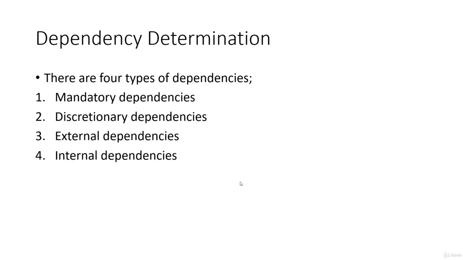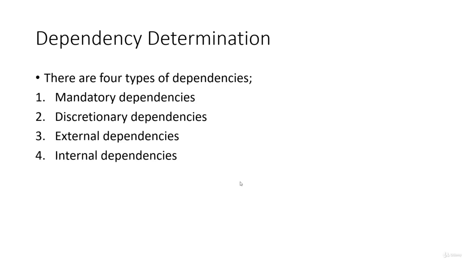And then we have the dependency determination, which is very important in sequencing activities. As you can see, no individual process can operate in isolation in project management or in general. So we need to identify these dependencies. And there are four kinds of dependencies: mandatory dependencies, discretionary dependencies, external dependencies, internal dependencies.